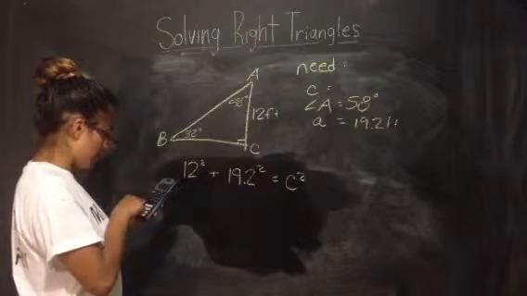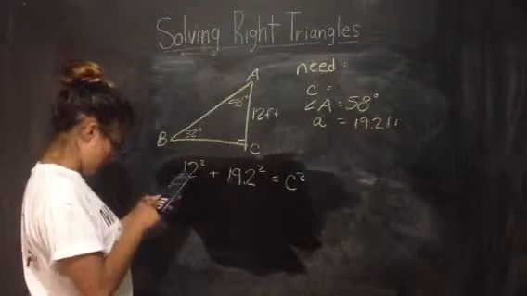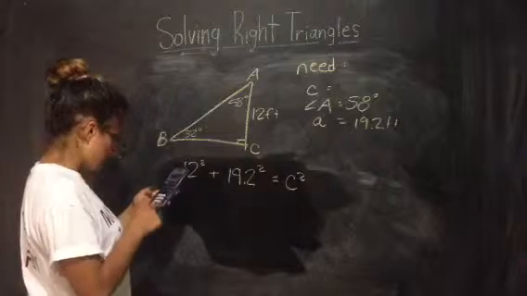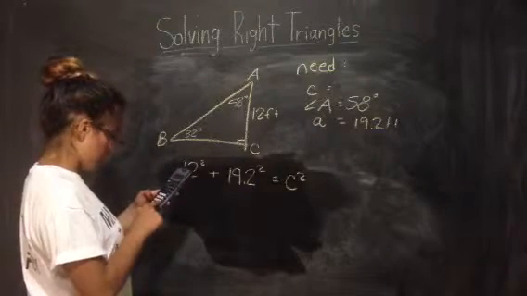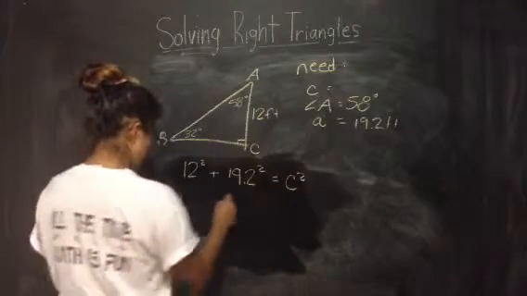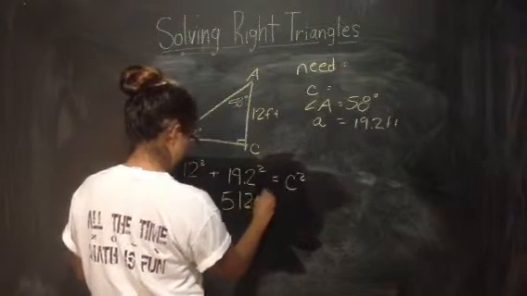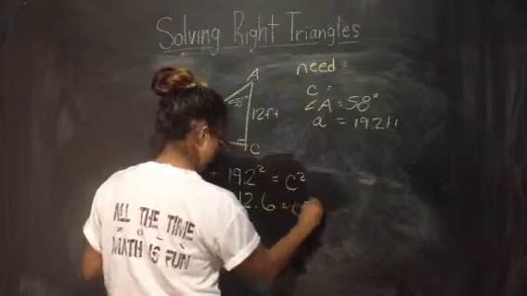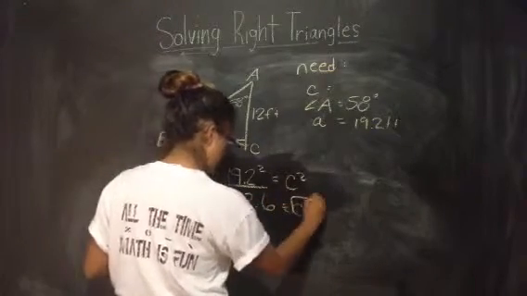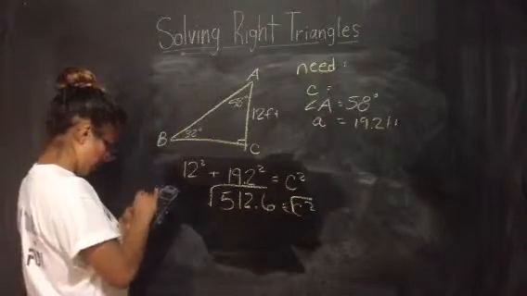So 12 squared in the calculator plus 19.2 squared equals 512.6 equals c squared. Of course, that's squared, so we have to find the square root.